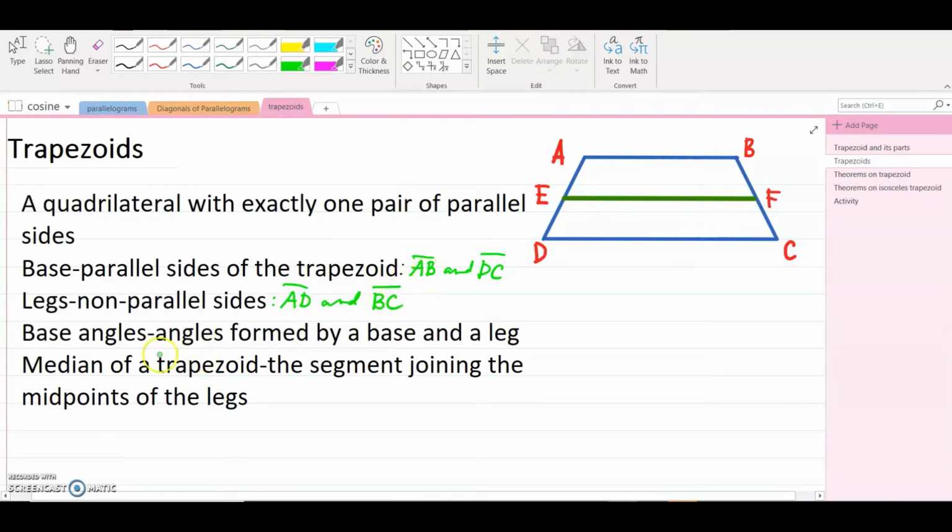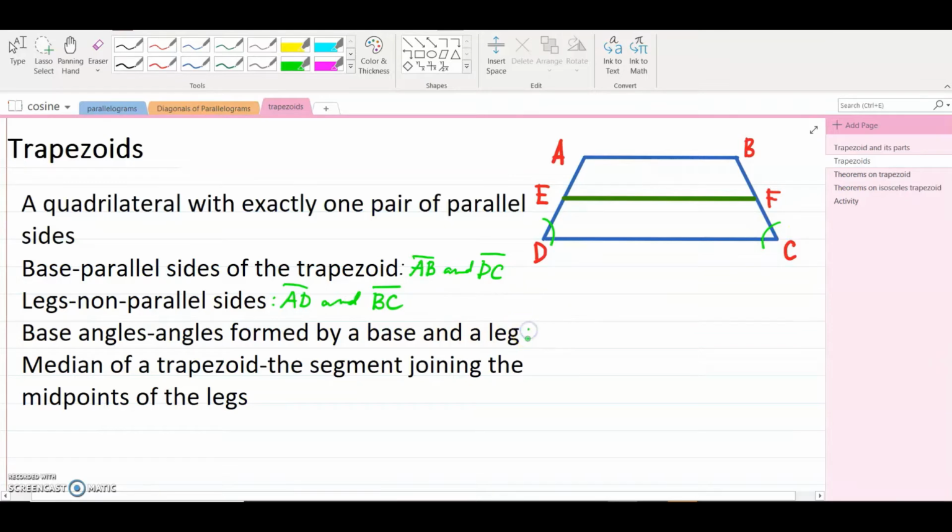Okay. Next, we have the base angles. So these are angles formed by a base and a leg. So if you have this leg and you have this base, these are the base angles. That is the angle formed by a base and a leg.